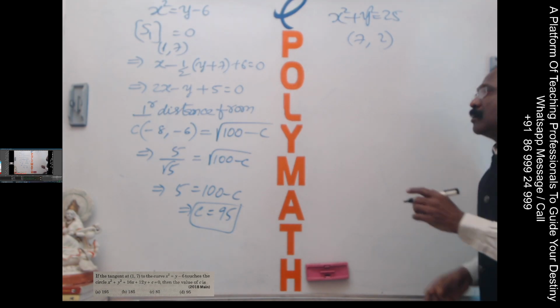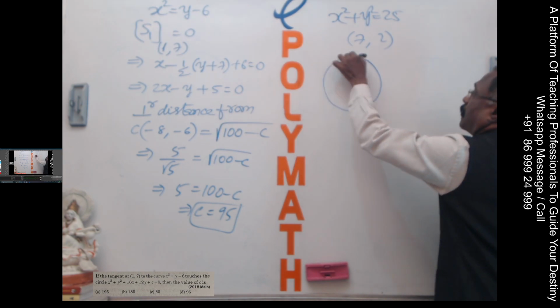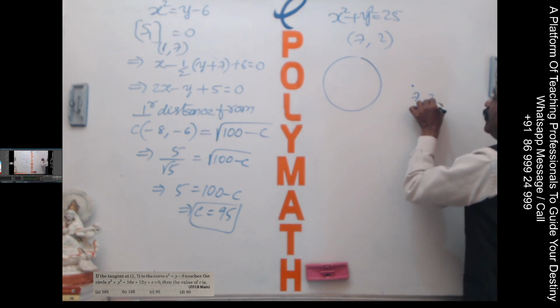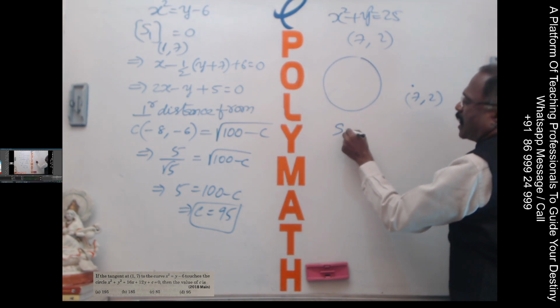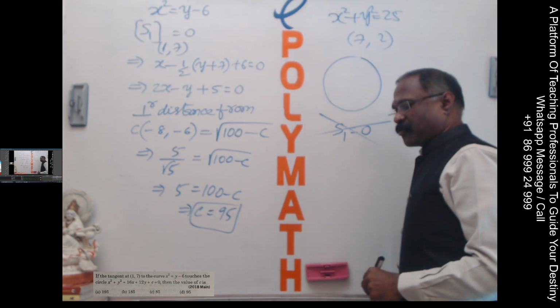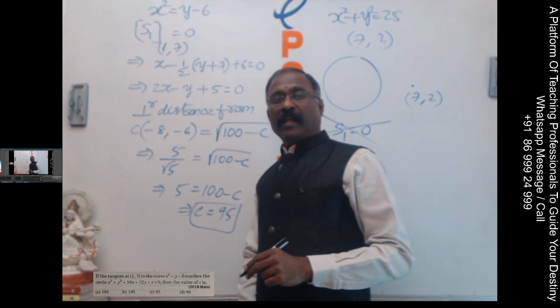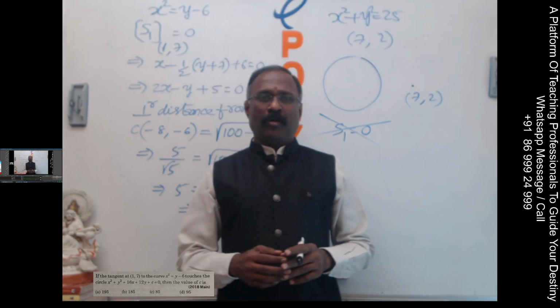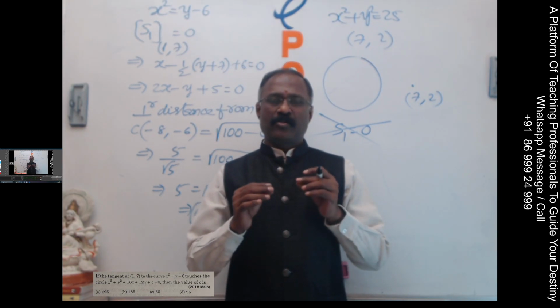From this point, remember, when the point lies outside, you should not apply S1 equal to 0. It is wrong, please. S1 equal to 0 is to be applied only when the point lies on the curve.